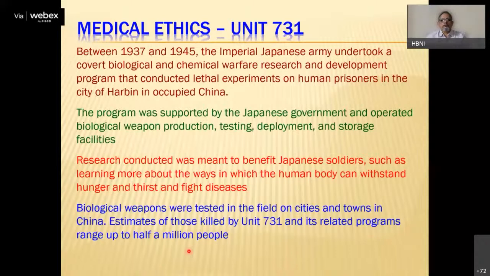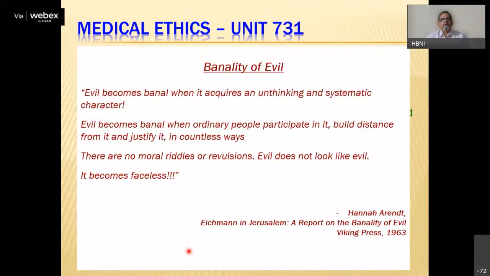Okay, so that's what I wanted to tell you about medical ethics and ethical committees in medicine. Now, one thing you can see which comes out in all these examples is what is termed the banality of evil. This was a famous phrase coined by a philosopher called Hannah Arendt.